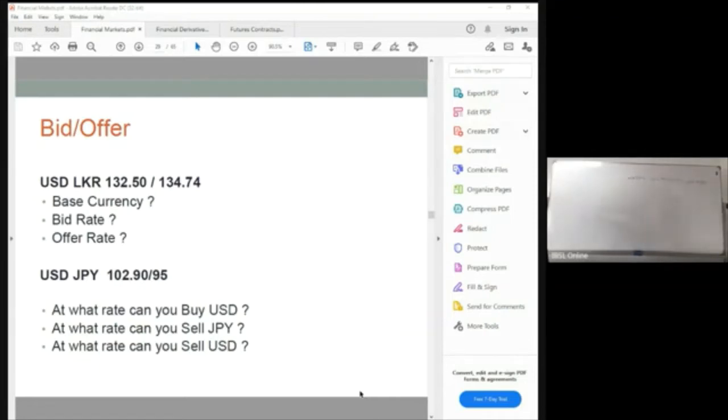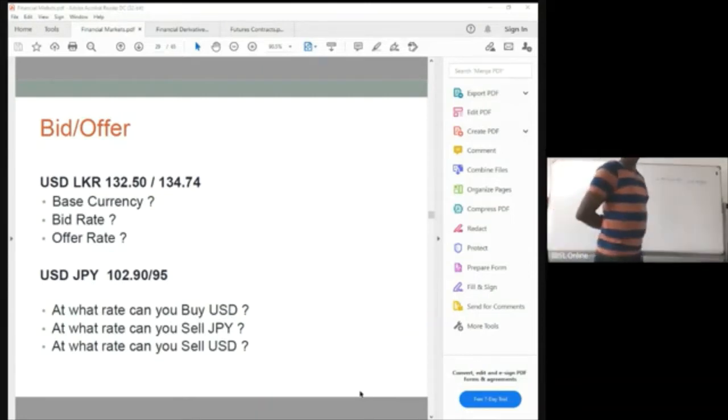It's like selling mangoes to a supermarket. You sell at the bid of the offer. Yeah, 90. Yeah. You need to sell at the bid.